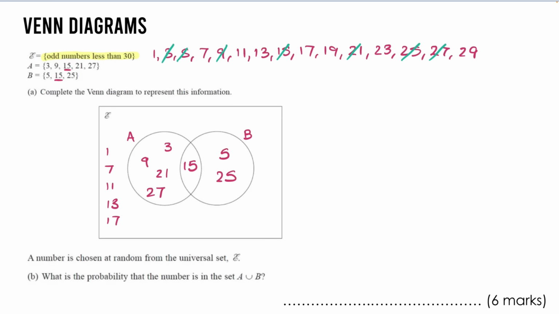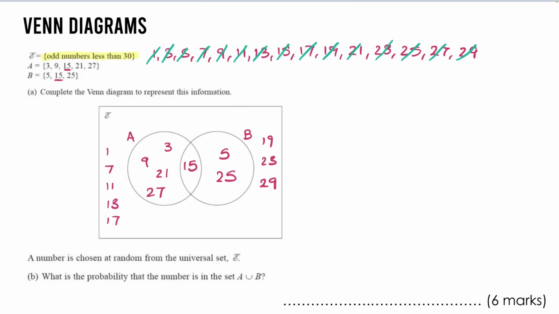So 1, 7, 11, 13, 17. We've also got 19, 23 and 29. And make sure that you've written them all in. I would even go back now and cross off the ones as you can see that you've written them, just to make sure there's definitely not a number there that hasn't been crossed off.